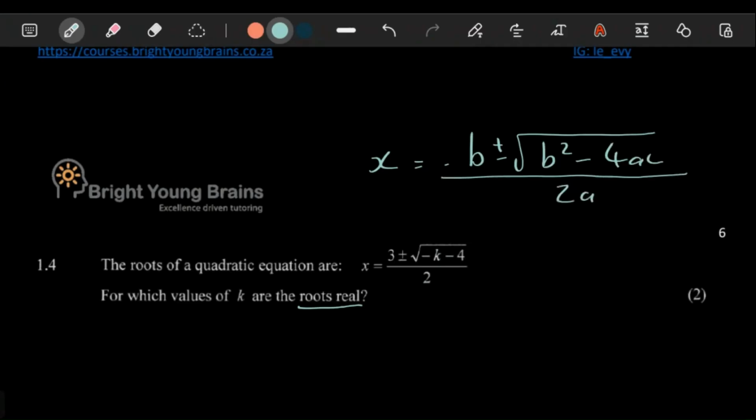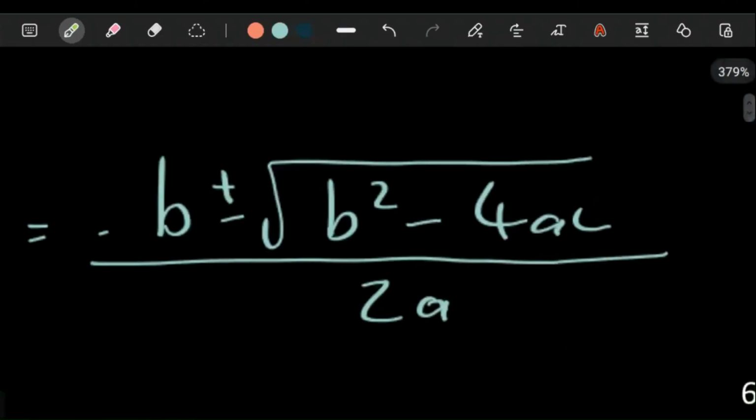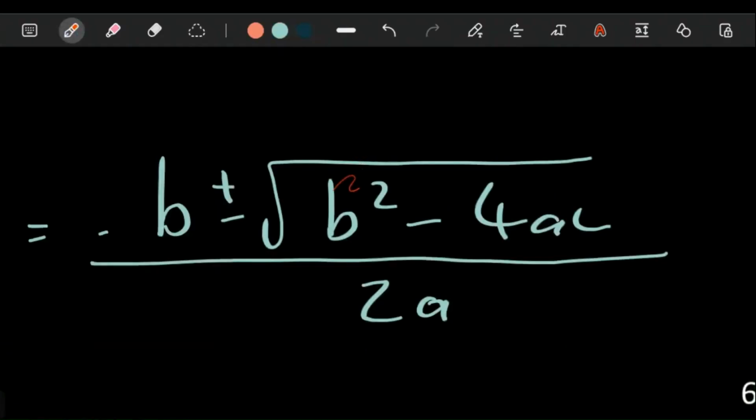In a situation like this, the one thing you want to take note of is that anytime you're working with nature of roots, the part that holds all the answers is this part under the square root, you see.